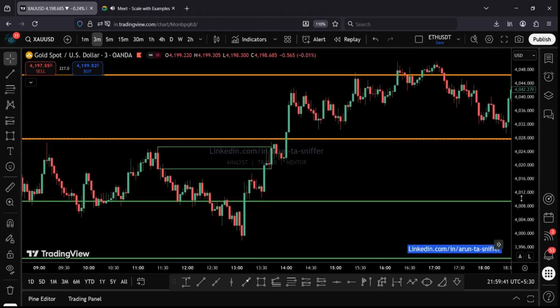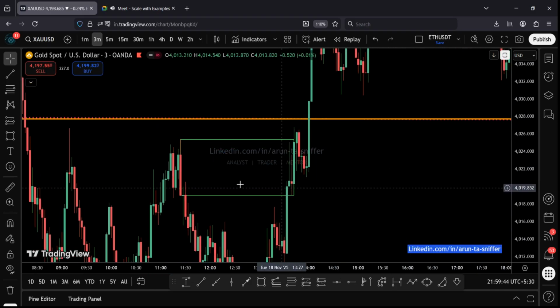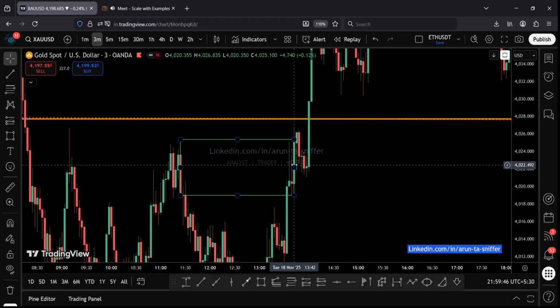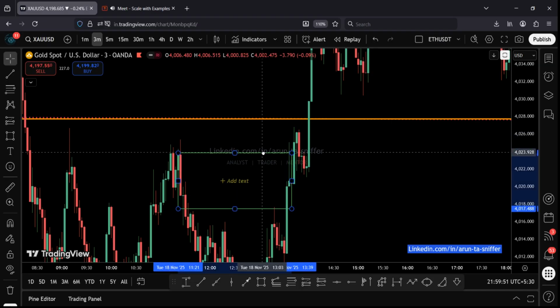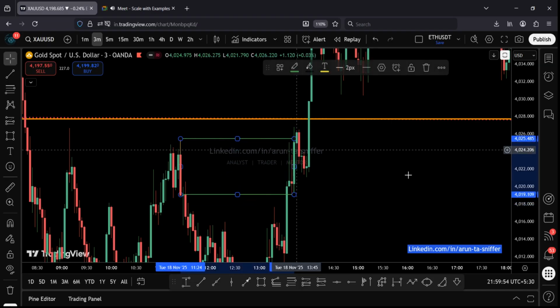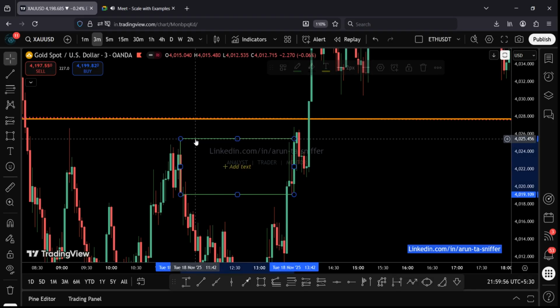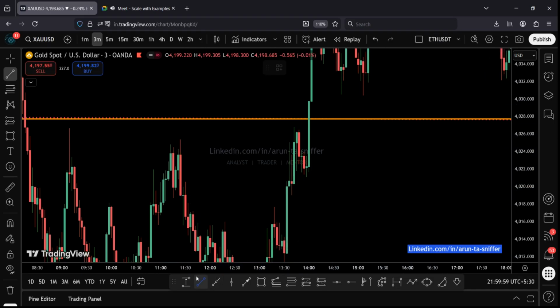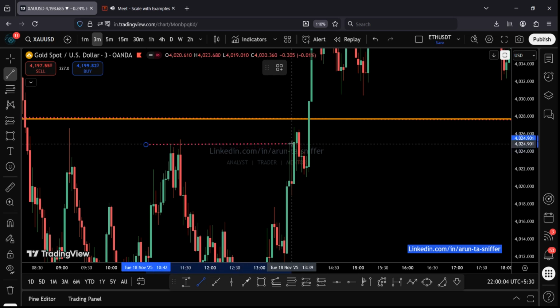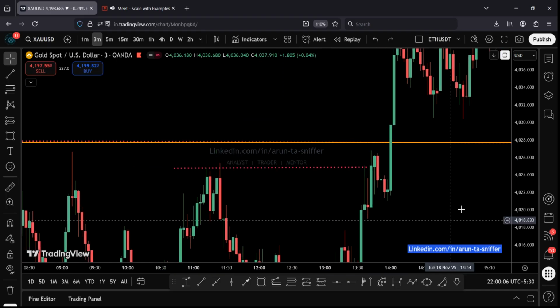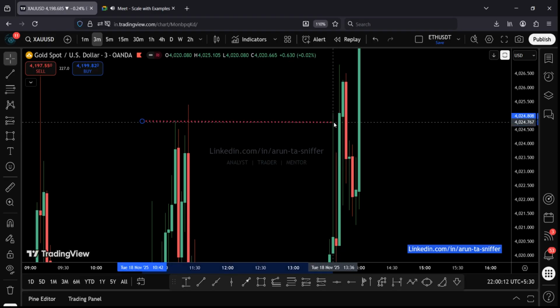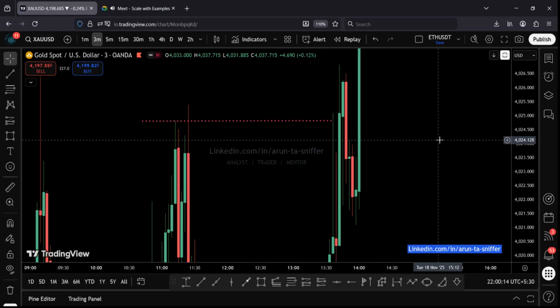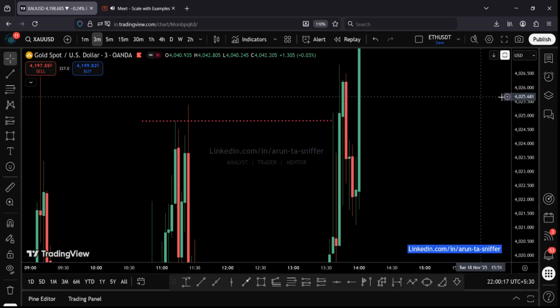Did this engulf here? No, this did not engulf. But if we go to the lower time frame here, we will find an engulf here. Why? Look at this zone. Do you see? This LSK has been engulfed here, this one, by this one.